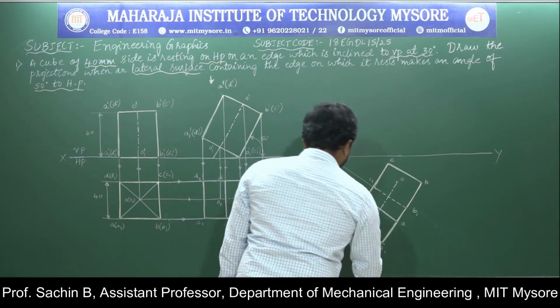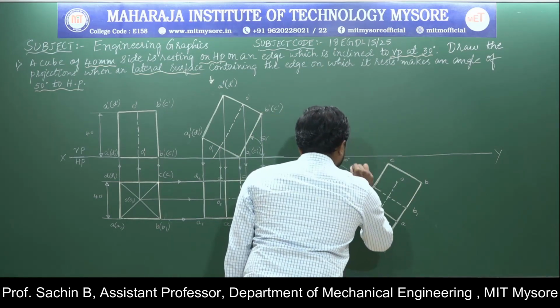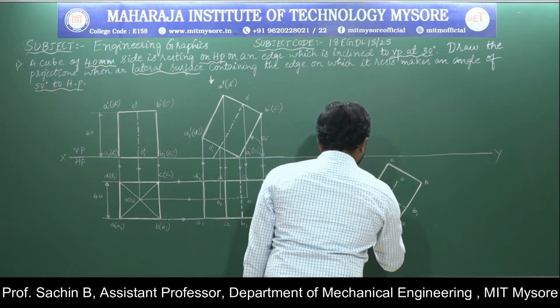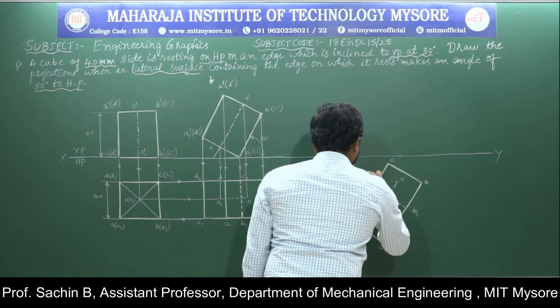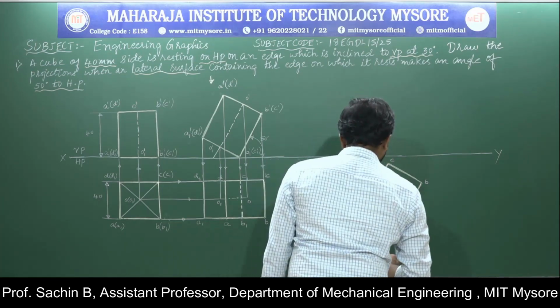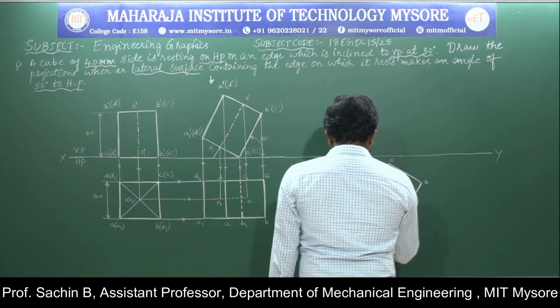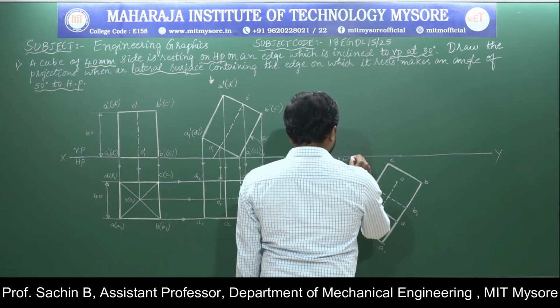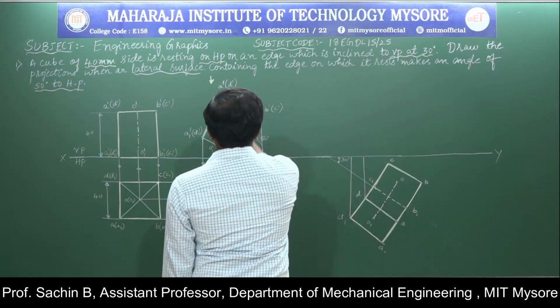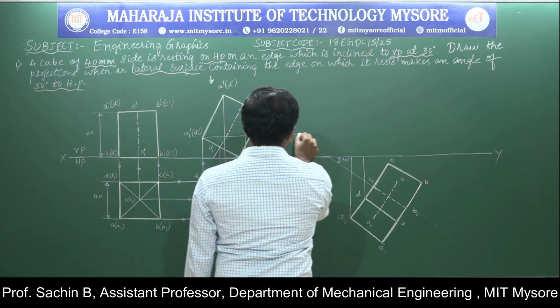Next I'll go for drawing the projection line to get the front view of the object. I extend this line from D1 to D1 dash. I am extending this line.